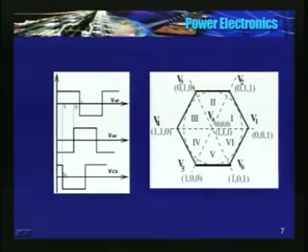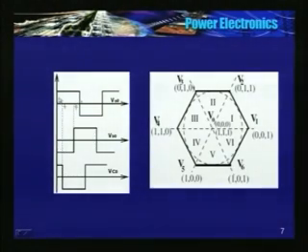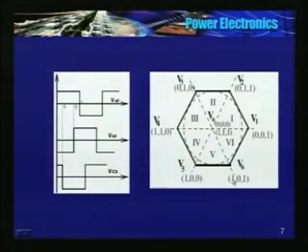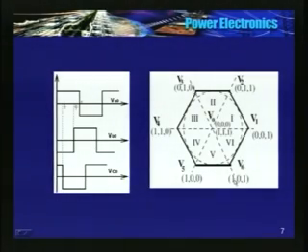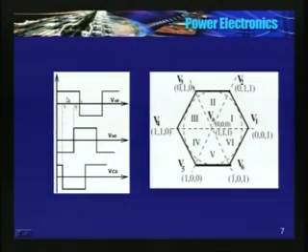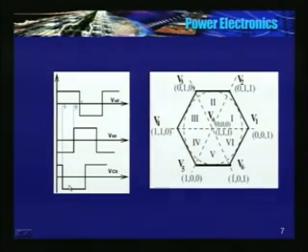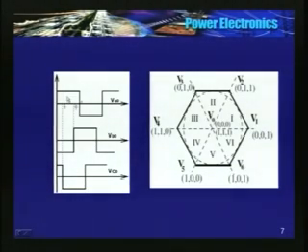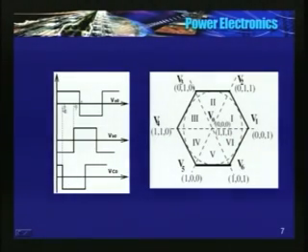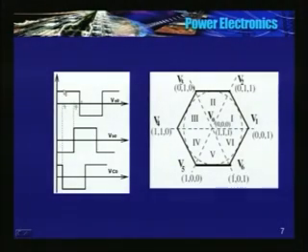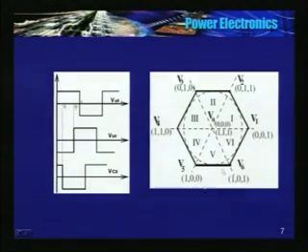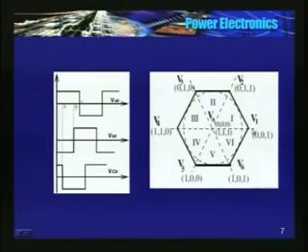So if I take 1, 0, 1, it is here. Next is 1, 0, 0. A phase is 1, B phase is 0, C phase is 0. So this is pi by 3, that is 60 degrees. Another 60 degrees, and we are here.